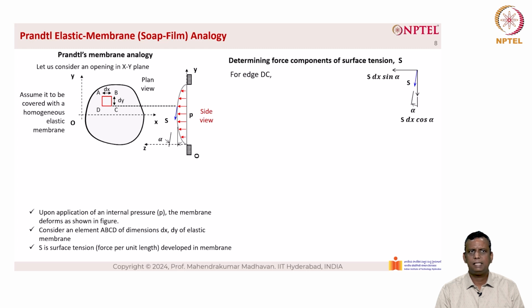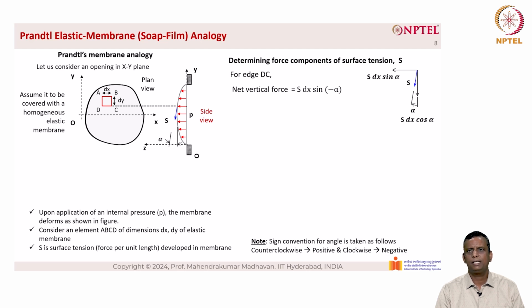So for edge DC to begin with, we have an angle of alpha that it makes with the horizontal one. Here we have to look into horizontal as the one that is pointing downwards because the vertical is always out of the plane. So when you look at it, S into dx into sine alpha is the vertical component. So the net vertical force equals S into dx into sine of minus alpha, because counterclockwise is taken as positive and clockwise is taken as negative here.